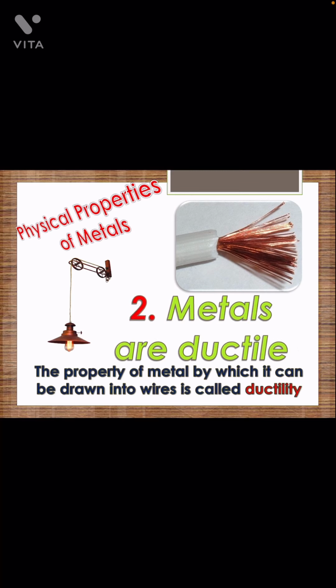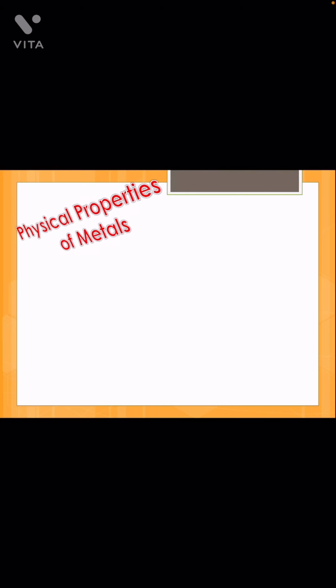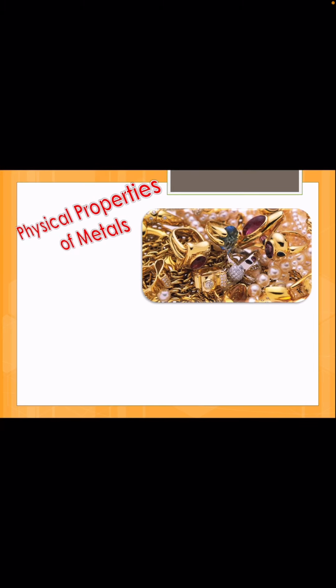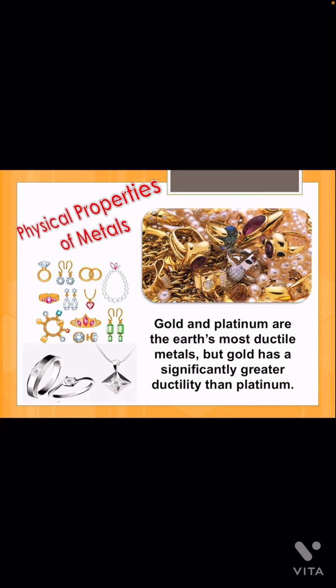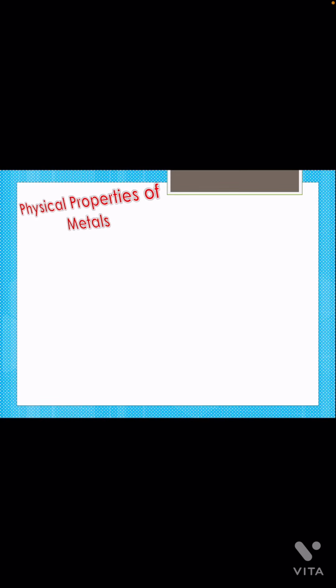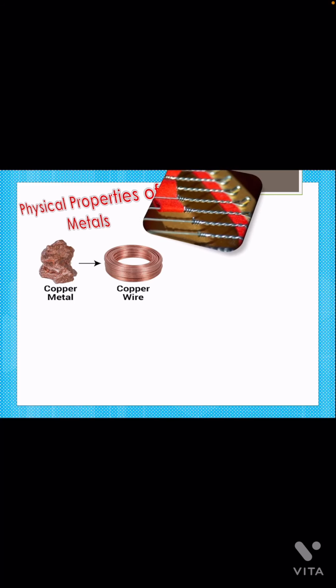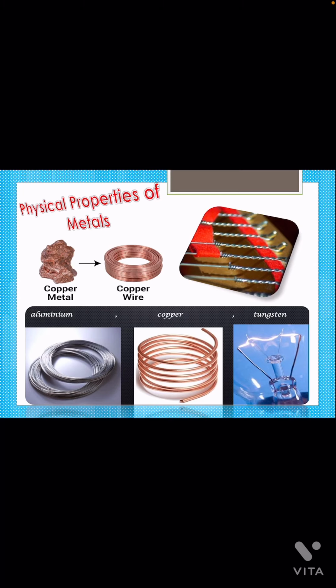Metals are ductile. Gold and platinum are the Earth's most ductile metals, but gold has significantly greater ductility than platinum. Other examples of ductile metals are iron, copper, aluminium, zinc, nickel, tin, lead, tungsten, etc.